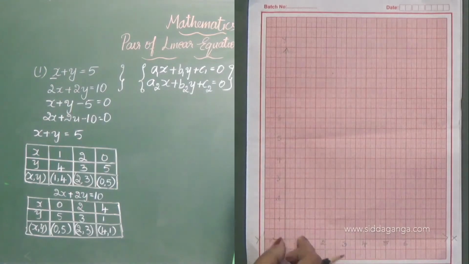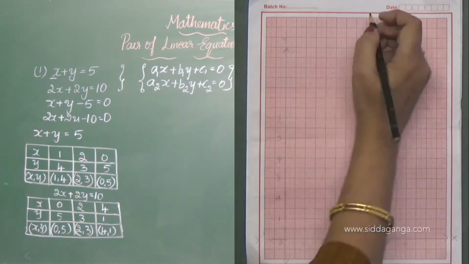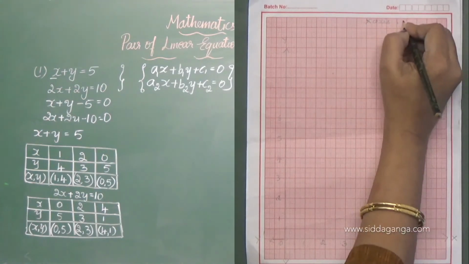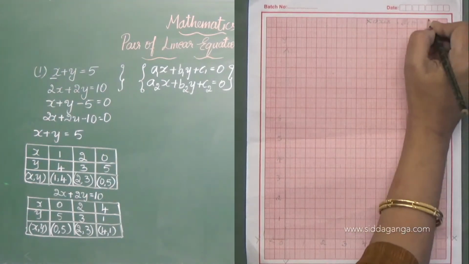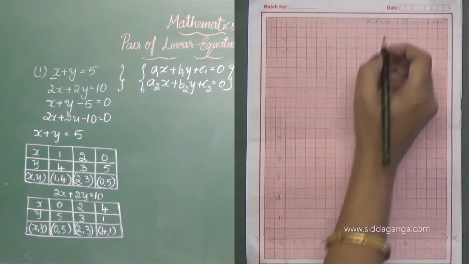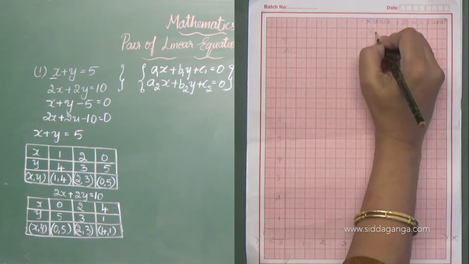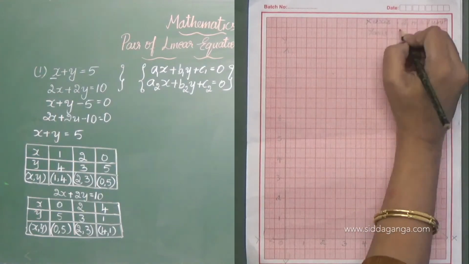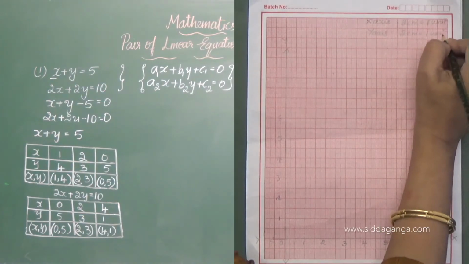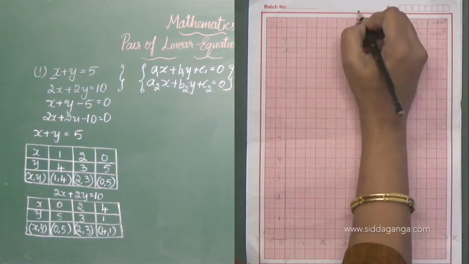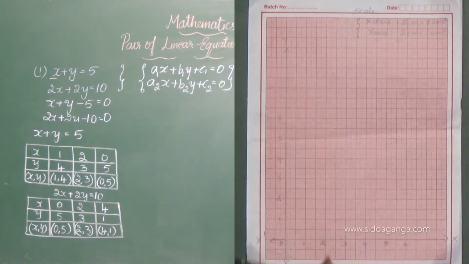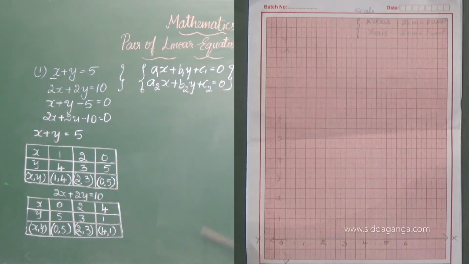Here the scale on the x axis is 2 centimeter equal to 1 unit. On the y axis also I have taken 2 centimeter equal to 1 unit. You have to write the scale here. Now observe the points.